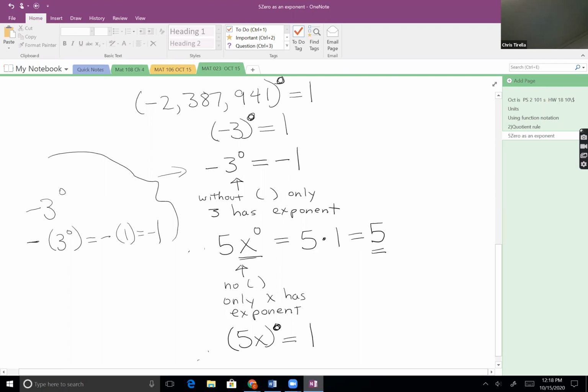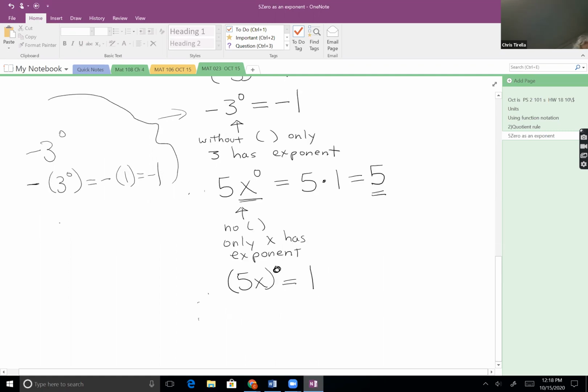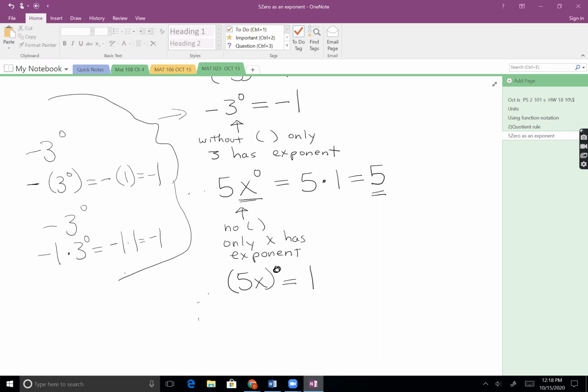Over here, because of the parentheses, the negative sign is also being raised to the 0 power, which means the final answer is positive 1. Over here, because there's no parentheses, we can also look at that negative 3 to the 0 as negative 1 times 3 to the 0, which would give me negative 1 times 1, or negative 1, if you want to look at it that way. Any better? Yep. Good. Thank you for asking.